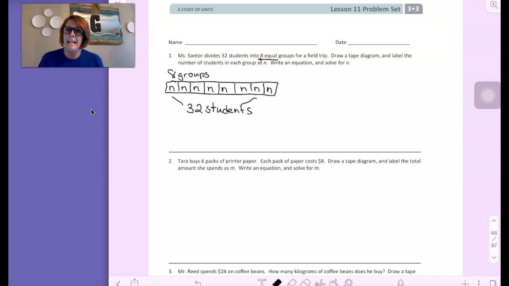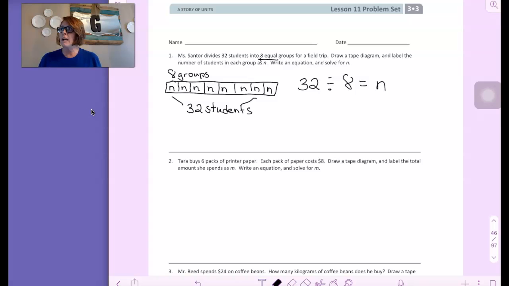So looking at that information now, the tape diagram doesn't necessarily help us come up with the answer. It doesn't solve it for us. It helps us visualize and set up the story so that we know how to write the equation. So we know the total, so we're going to start with the total, 32 students, divided by the 8 groups that we know, and that's going to give us our n, our unknown, okay?